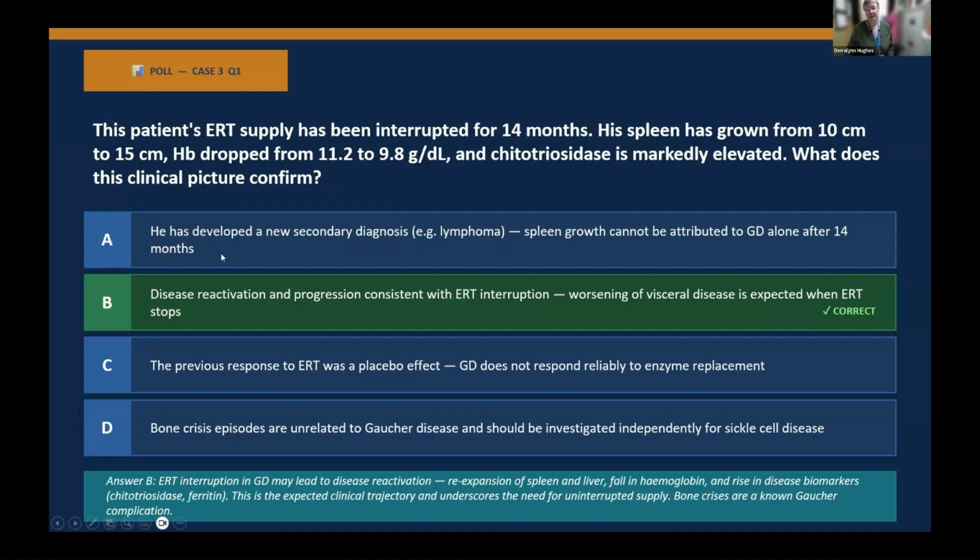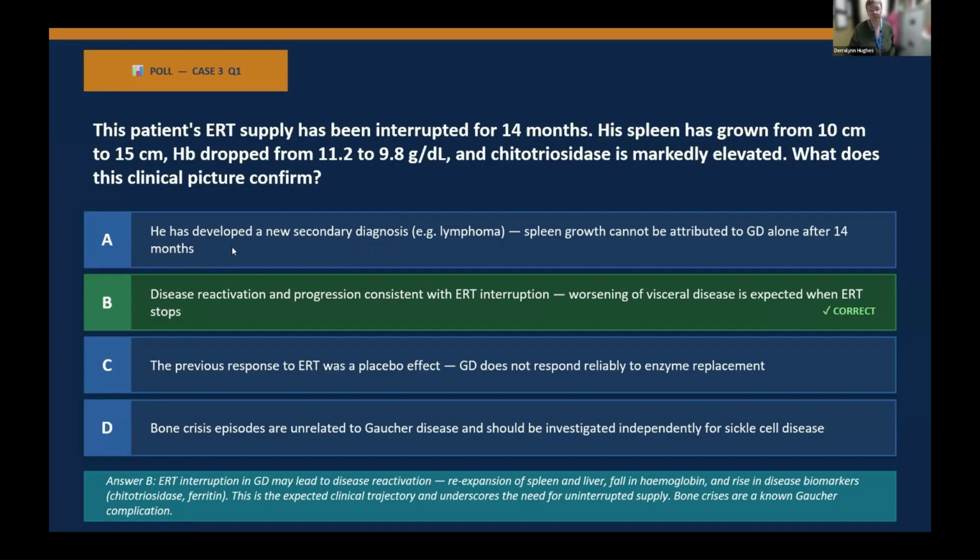And so he was having worsening visceral disease. In fact, if we'd not known that the enzyme had been interrupted, then A would have been a very reasonable answer, given that we need to think about other diagnoses to explain the splenomegaly or hemoglobin and so on.